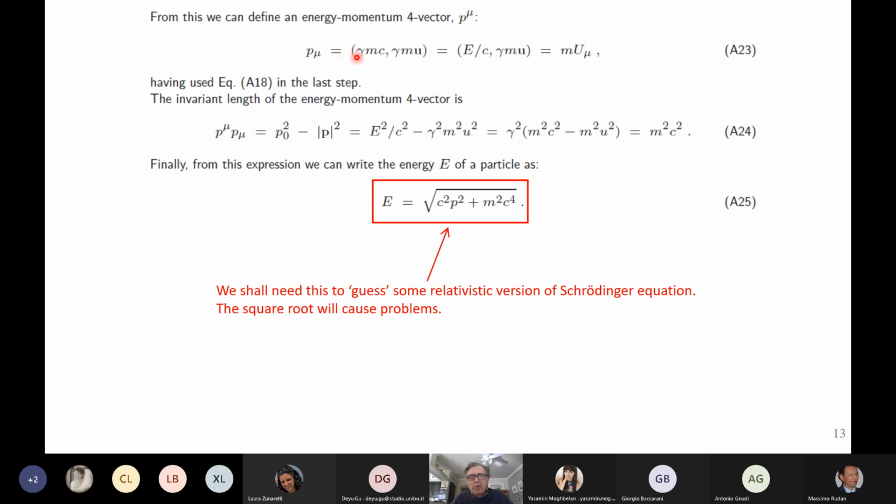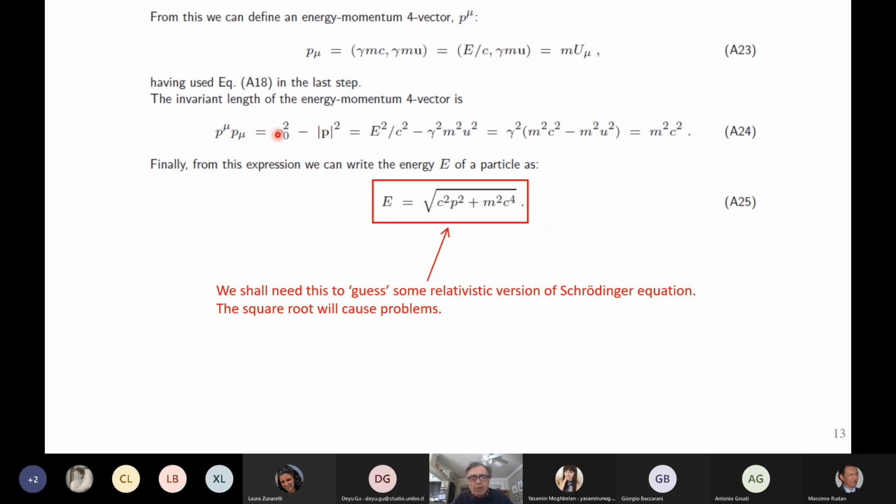And the object that we're interested in is the 4 momentum, let's call it the energy momentum 4 vector, whose time-like component is just the energy of the particle divided by the speed of light. And its momentum is essentially the generalized version of the linear momentum that we have in classical mechanics, just m times v, or u, the velocity, but there is this factor gamma in front.